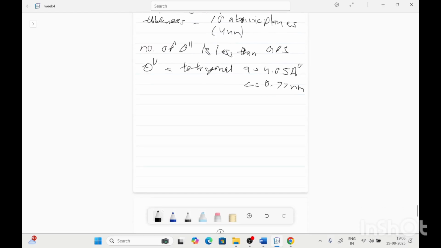That means the theta double prime precipitate contains alternate layers of aluminium and copper on 100 planes.